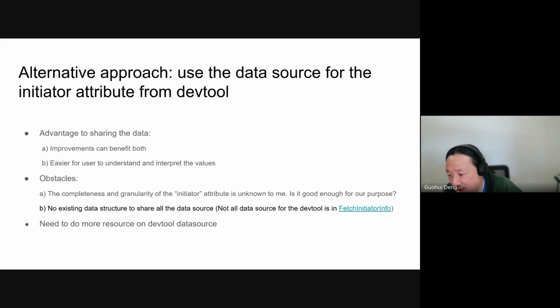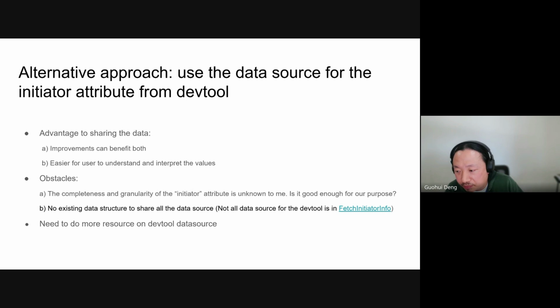Because I noticed that in some resources, like in a larger, more complicated page, sometimes the attributes are missing. So I need to find out if the data is good enough, or if it's not, how far it is from our requirement.